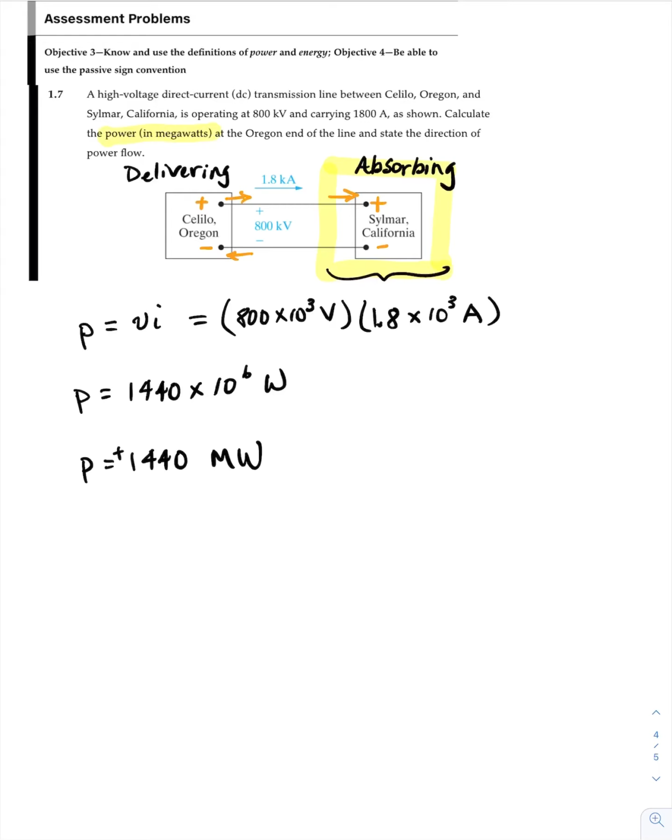So Oregon is delivering 1440 megawatts to California. And that takes care of this problem.